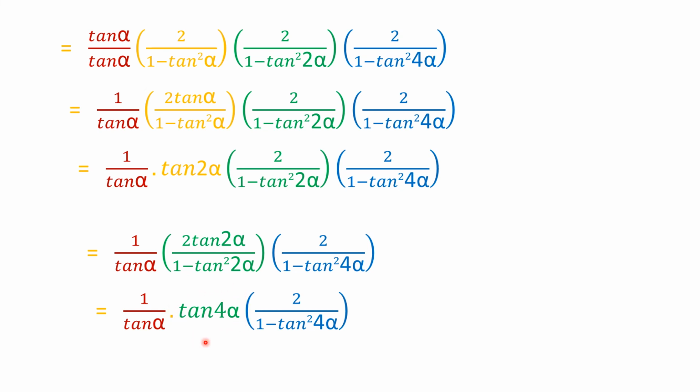Now this tan 4 alpha will multiply these two. Again, upon multiplication, we will get 2 tan 4 alpha over 1 minus tan square 4 alpha. This outer one as it is.